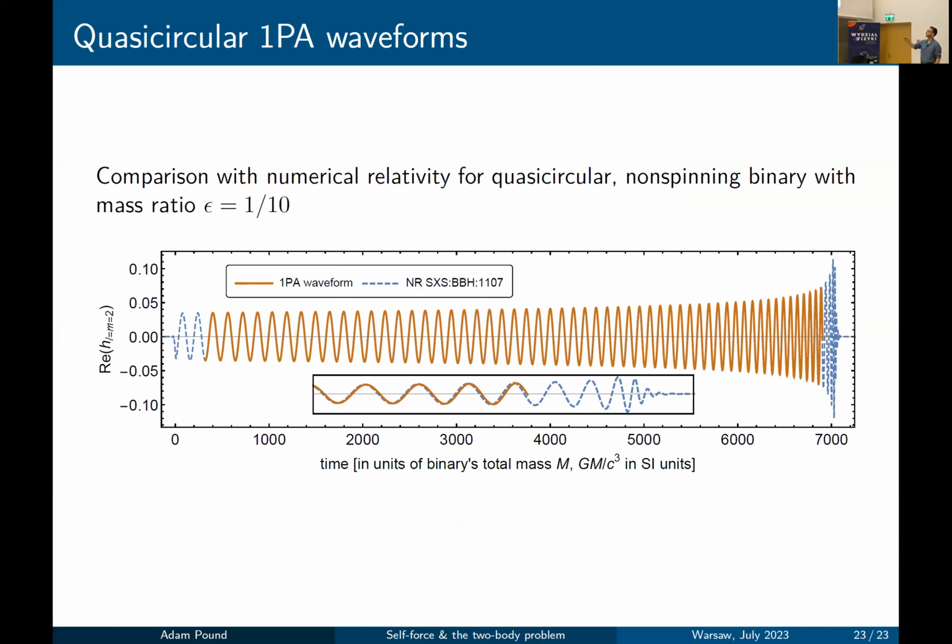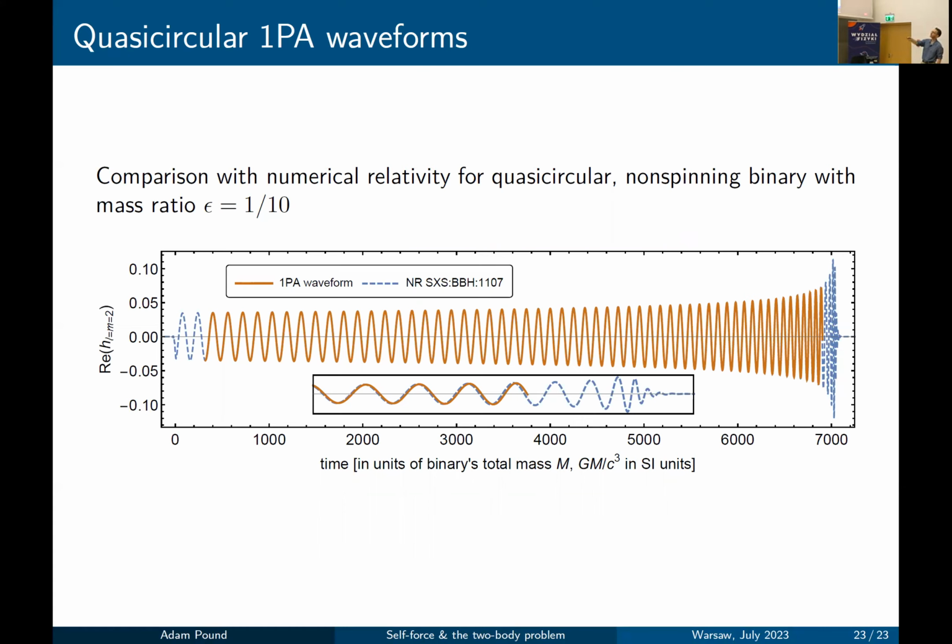So here what I'm showing you is 1PA, so second perturbative order, a 1PA waveform compared to a numerical relativity waveform from the SXS collaboration. So for our purposes in this comparison, we can think of the numerical relativity waveform as just exact. And we're just testing how well we reproduce it. This is for mass ratio 1 to 10, so very far away from the EMRI regime.